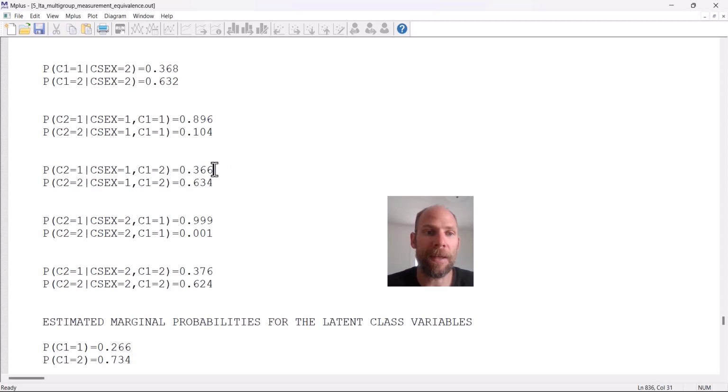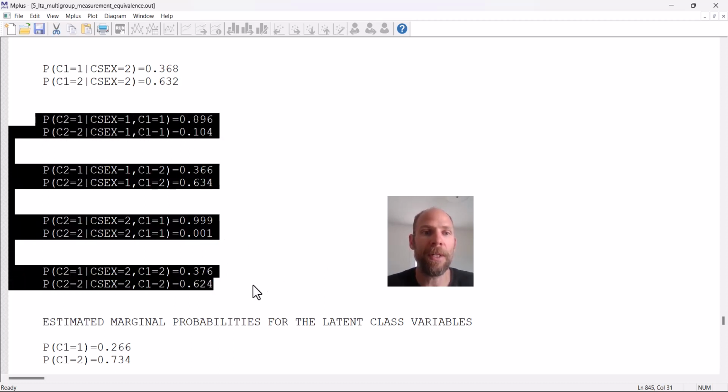As we can see here, there was a lot of movement from the lower performing class at time 1 to the higher performing class 1 at time 2, so relatively high transition probability in both groups, 0.366 for females and 0.376 for males. So this output here allows you to look at the transition probabilities separately for each group so that you can compare them between groups.